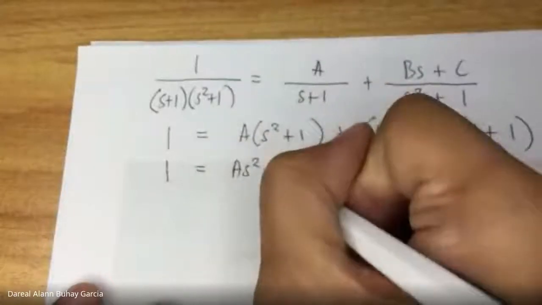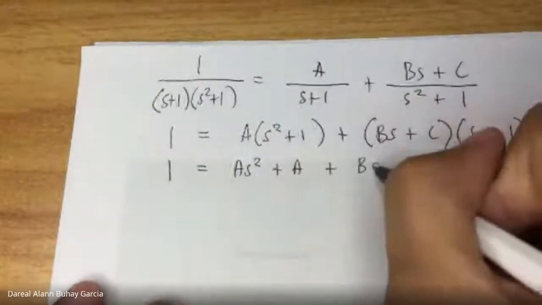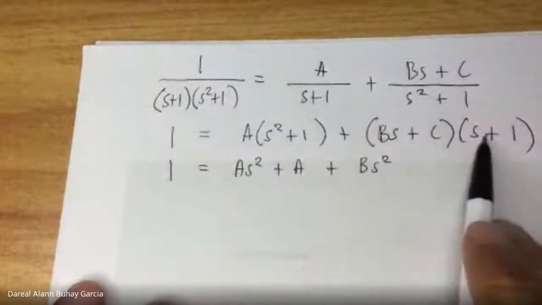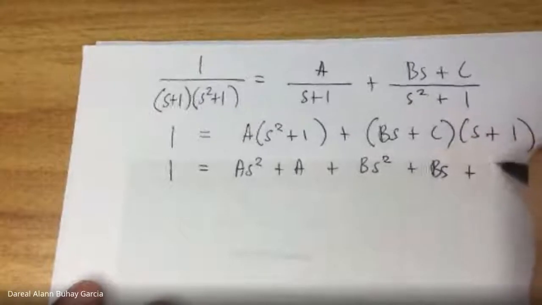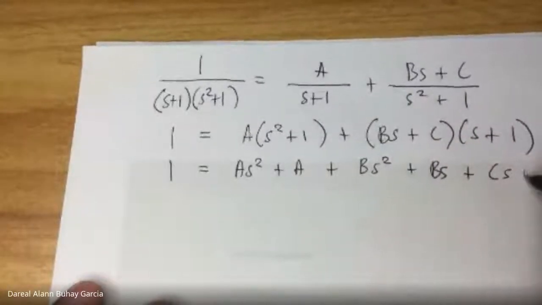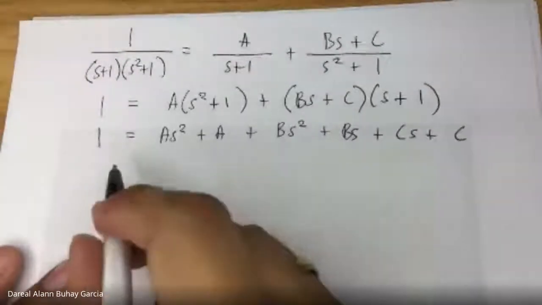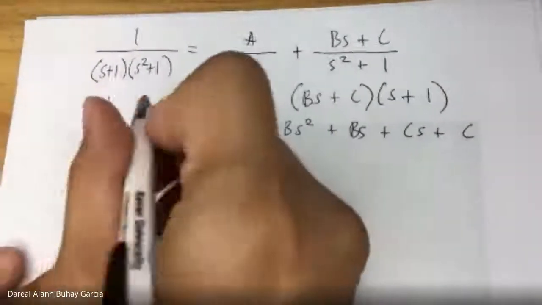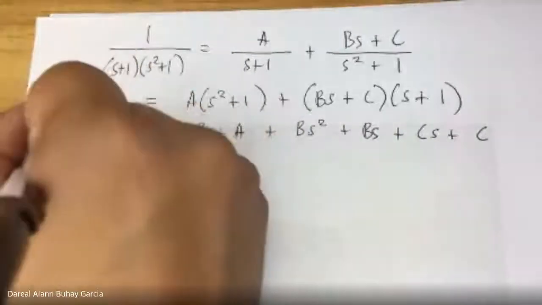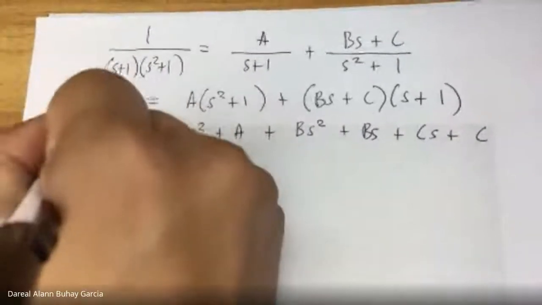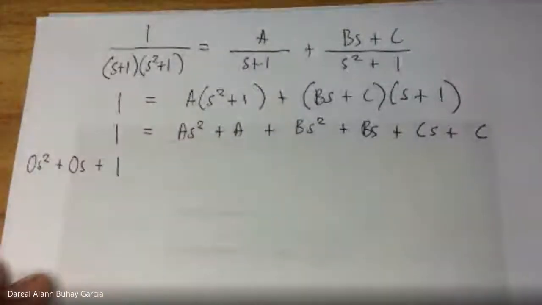A s squared plus a plus bs squared. That's supposed to be there, no? Bs squared plus bs plus cs plus c. Here, we just put the coefficients: 0s squared plus 0s plus 1.